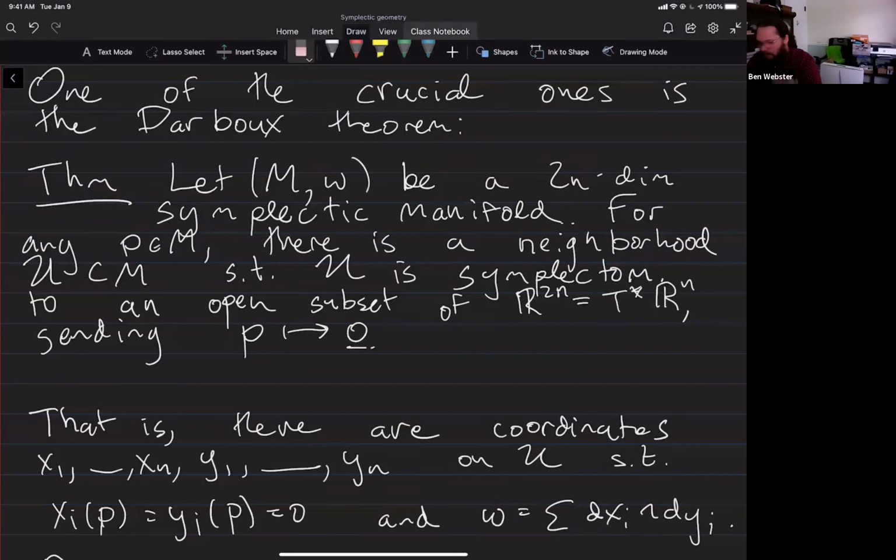So I'm always symplectomorphic locally around a point to the standard symplectic form on T*R^n, the one describing the phase space of a single particle. So locally, all points in all symplectic manifolds look exactly the same. The only invariant is dimension.